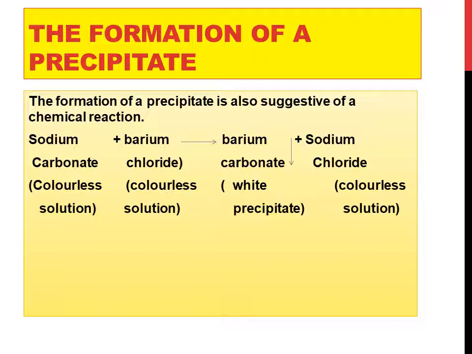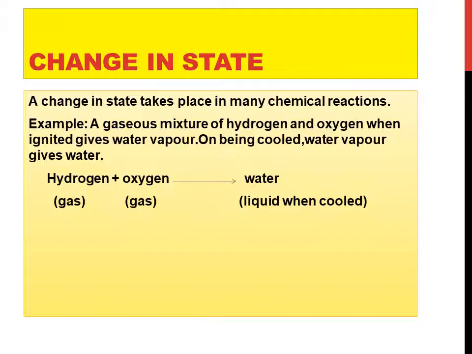Last but not the least, change in state. A change in state also takes place in many chemical reactions. For example, a gaseous mixture of hydrogen and oxygen, when ignited, gives water vapor, and on being cooled, water vapor gives water again.